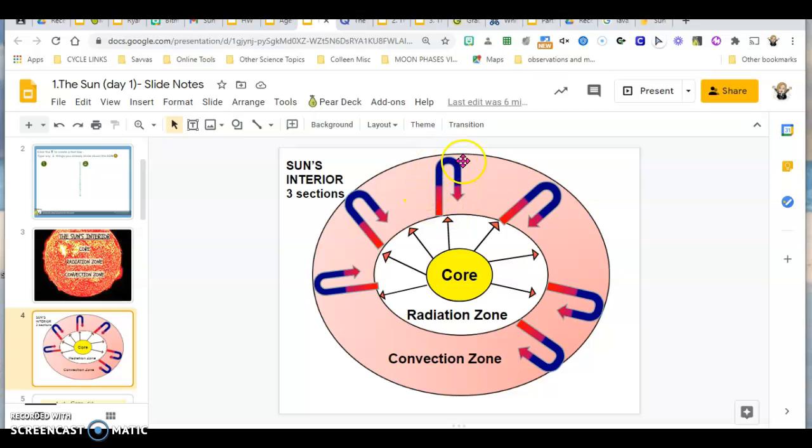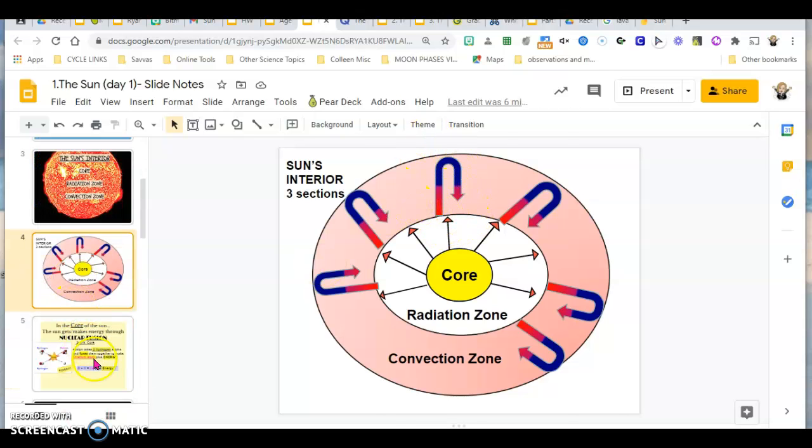You can see how the water moves because the water at the bottom of a pot is hotter than the top. And that's what's happening here in the Sun's convection zone. It takes the energy from the radiation zone to the top and releases it, and some of it falls back down. So it creates a convection current.